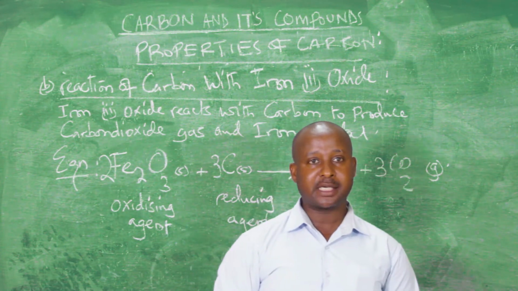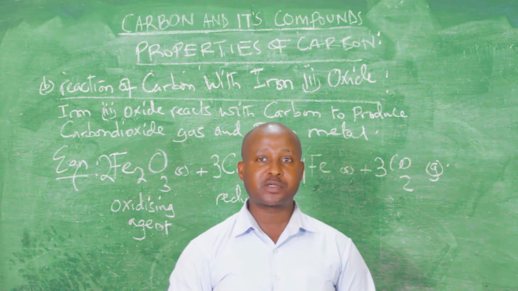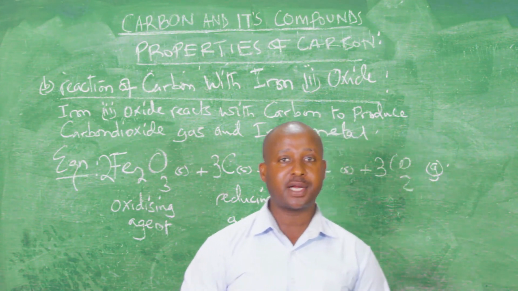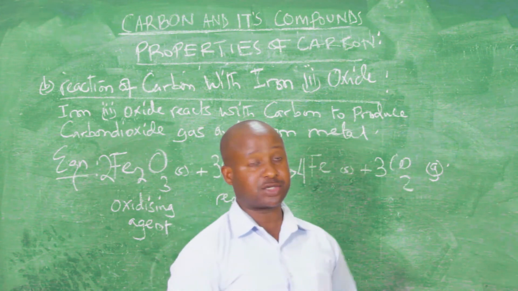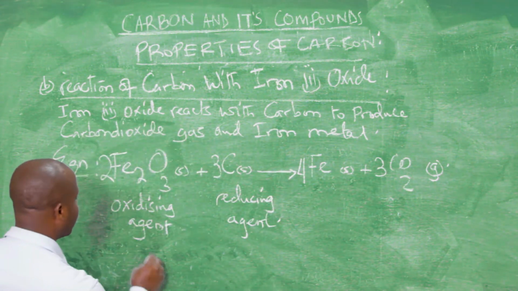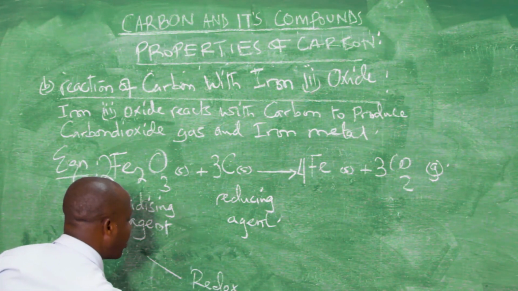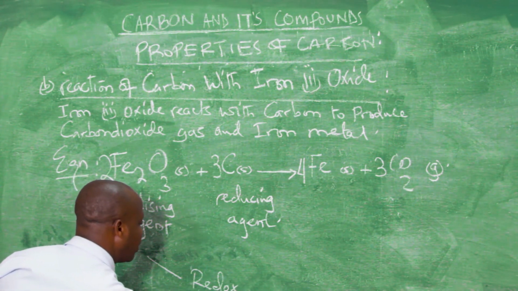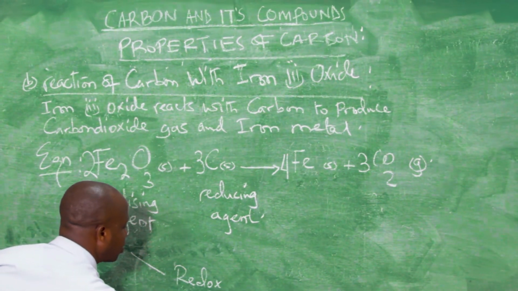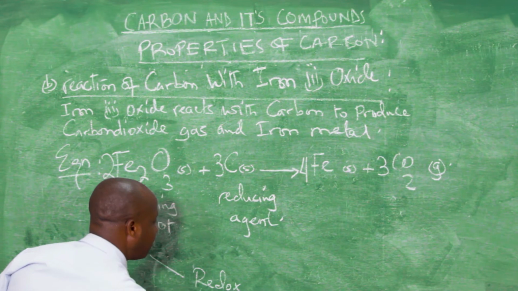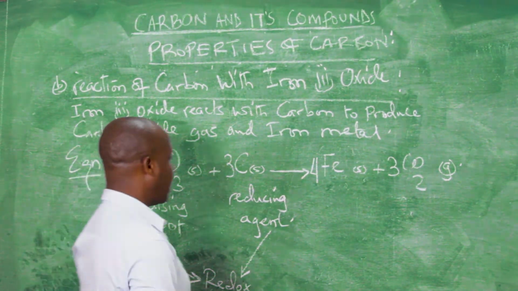So when we look at this chemical reaction, both oxidation and reduction are taking place at the same time. So this chemical reaction is a redox reaction, because both oxidation and reduction are taking place at the same time.